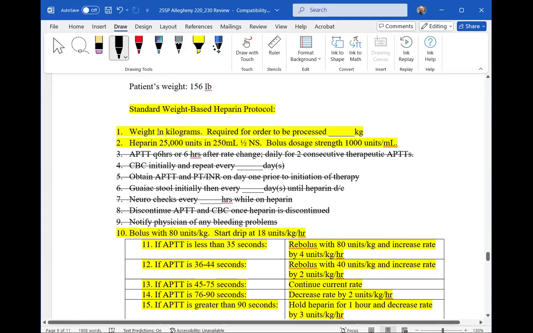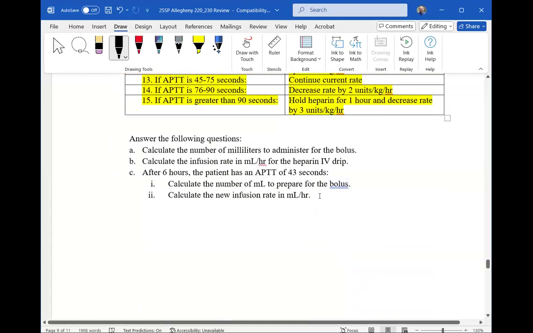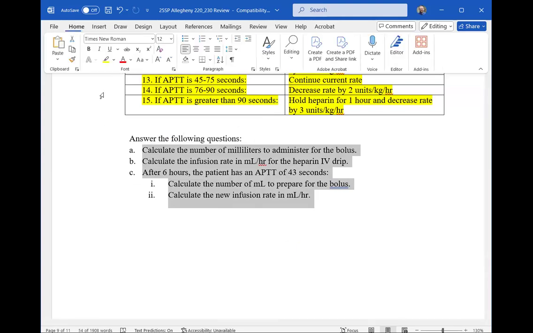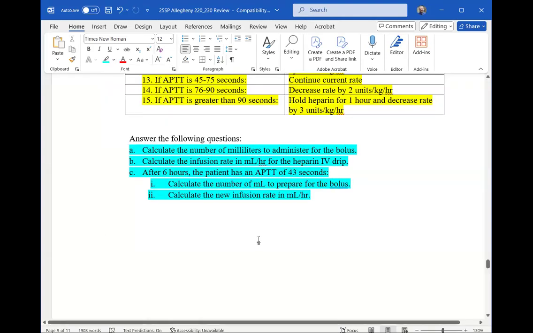Okay. So a couple things just to get to the nitty gritty. What it's going to ask you is to answer a few questions, and the questions are actually below the protocol. The questions that we're asking are actually down here, and I'm just going to highlight it all in blue. Okay, these are the questions. So I gave you 4 questions. You're really only going to see 2 of these questions.